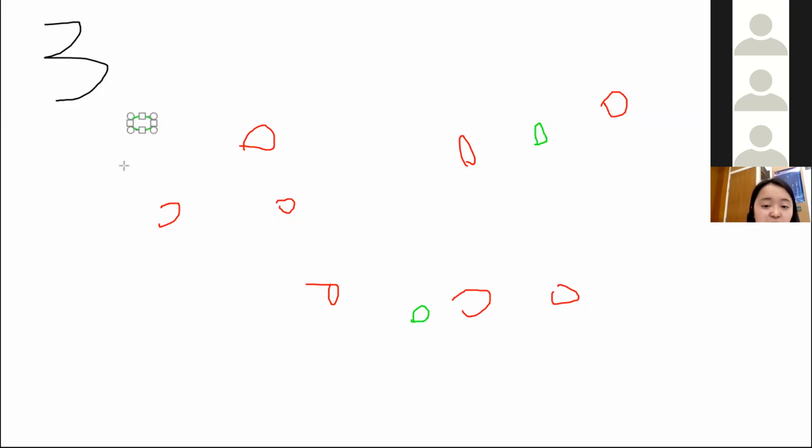Okay, we randomly pick 3 central points here, here, here, and then we will cluster. We will compute the distance.